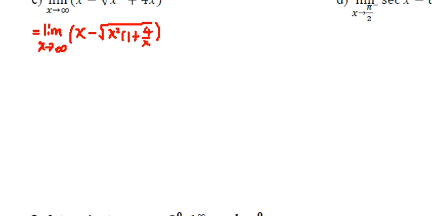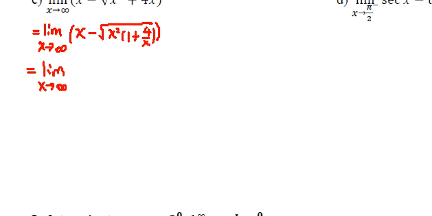After the square root, the square root of x squared will be equal to x. So you see a common factor, x. I'm going to factor out my common factor.